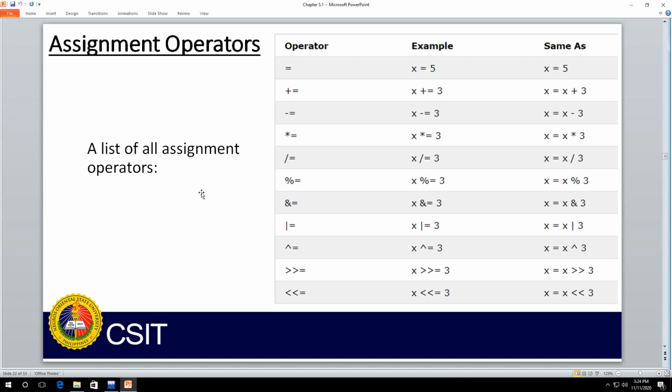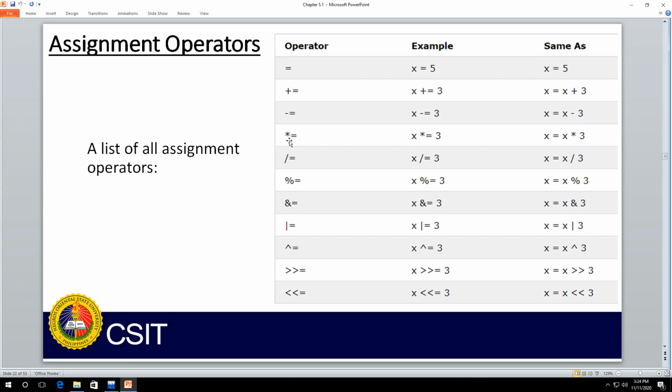So that's your assignment operators, the same as the subtraction assignment operator. X subtraction assignment 3 is equals to x minus 3.